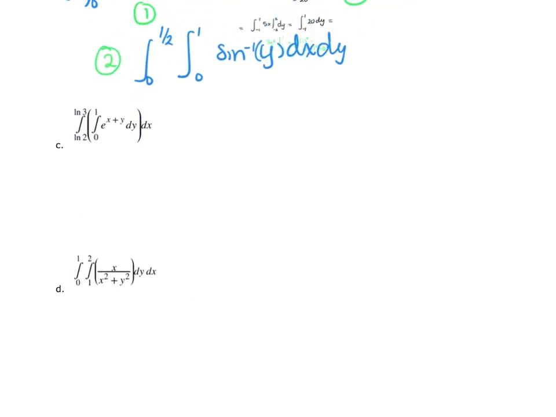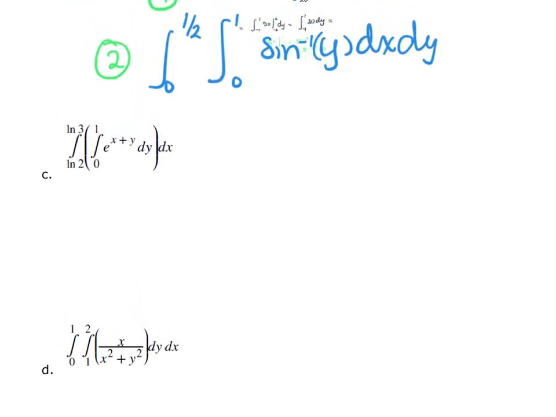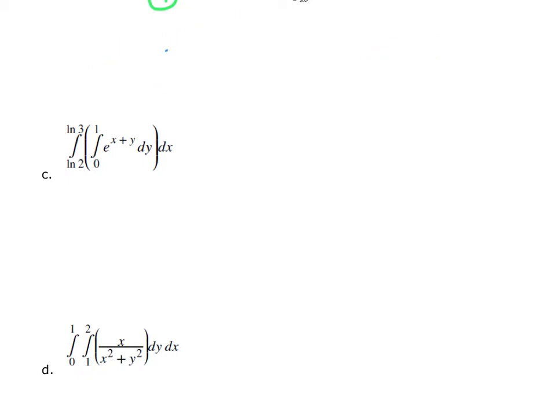And so I'm going to be doing this integration, and I just want to erase some more of this work up here so it doesn't look as cluttered. Okay, so I'm going to integrate e to the x plus y dy, and then with respect to x. Now, I don't think that this is going to save me any work to do one over the other, with the exception of maybe doing the natural logs first.